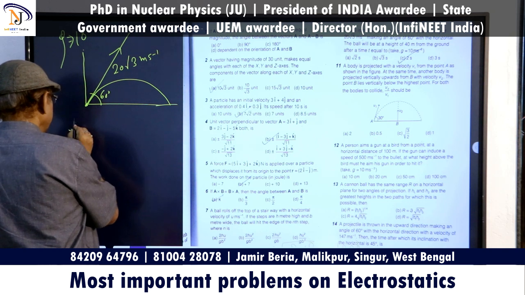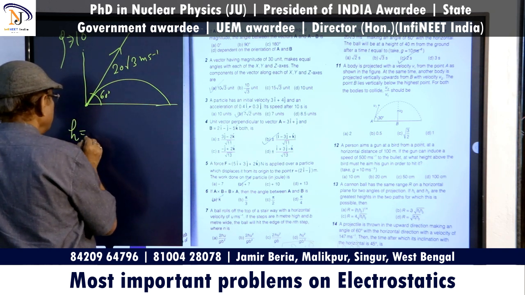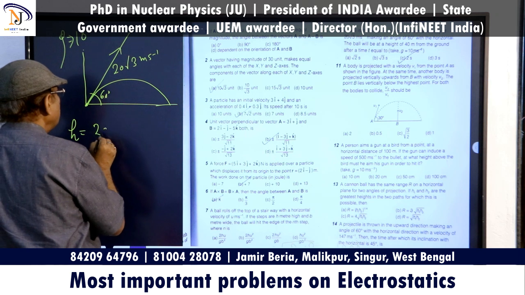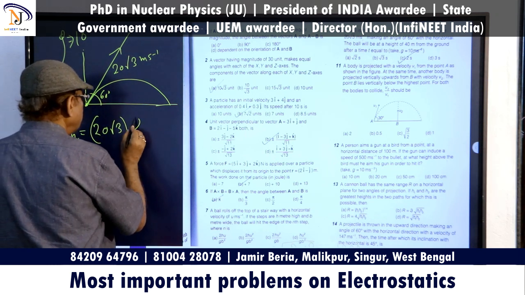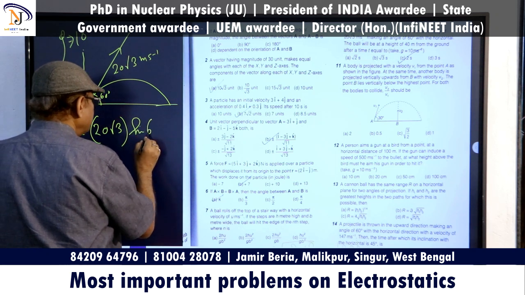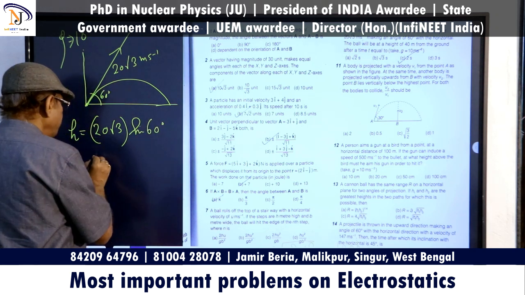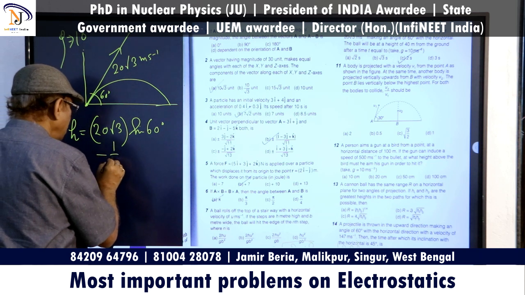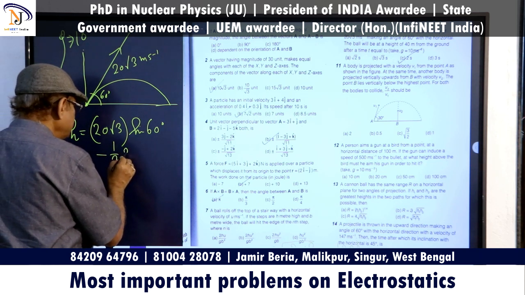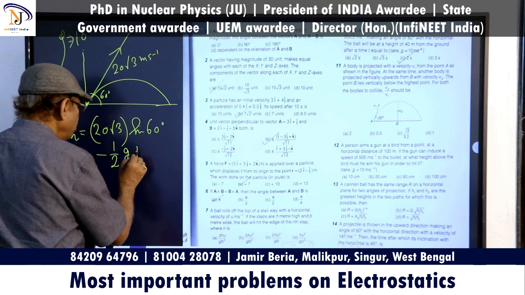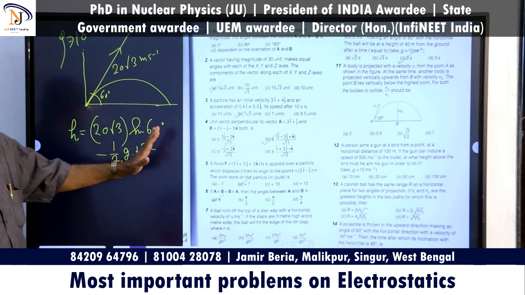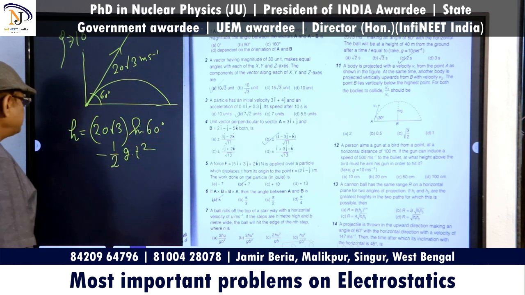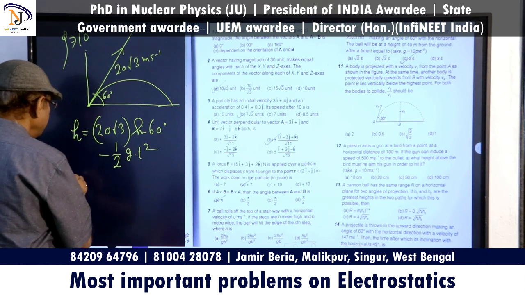Very easy. H equals to U, means 20 root 3, U sine of 60 degree minus half G into T square. Am I clear or not? Then what is the height? 40.